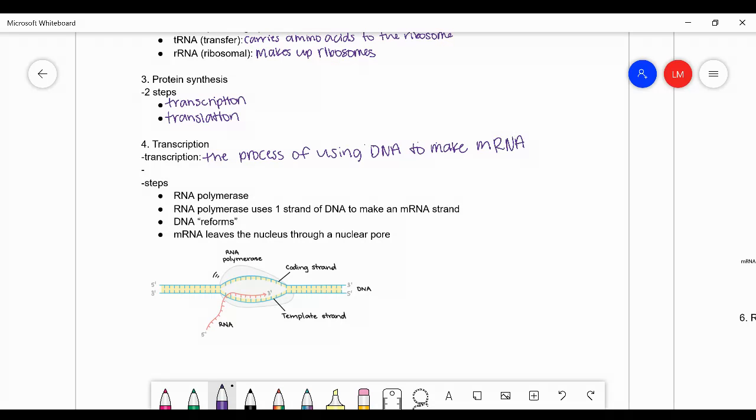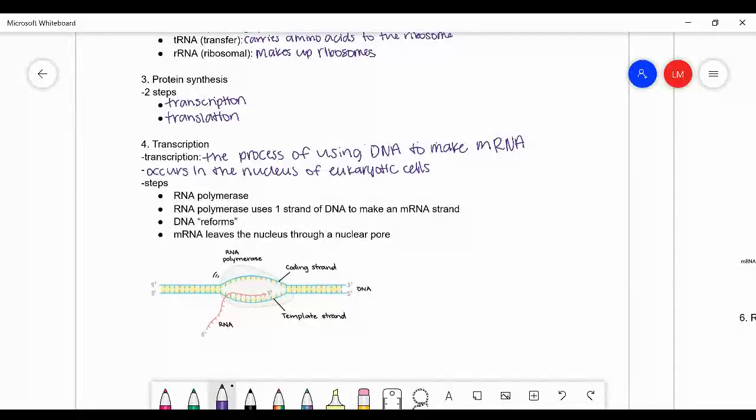And this process occurs in the nucleus of eukaryotic cells. That's going to be our focus, but similar type of thing is going to happen with prokaryotes. This process is just happening in the cytosol rather than the nucleus.